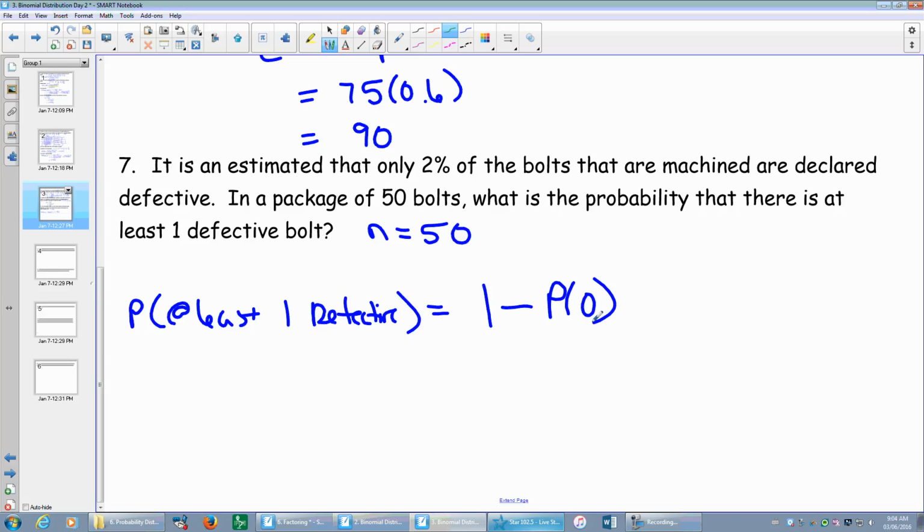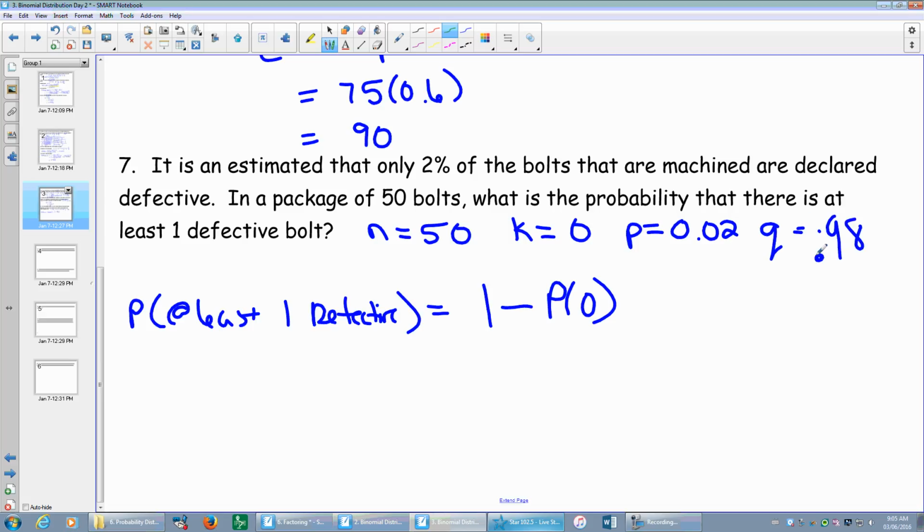Okay, so I know n is 50. Again here, I'm considering that a success is a defective bolt. So my K value, which Noah said, is 0, since I'm finding the probability of 0. Powell, what will be my p-value here? Very good. And what will be my q value?